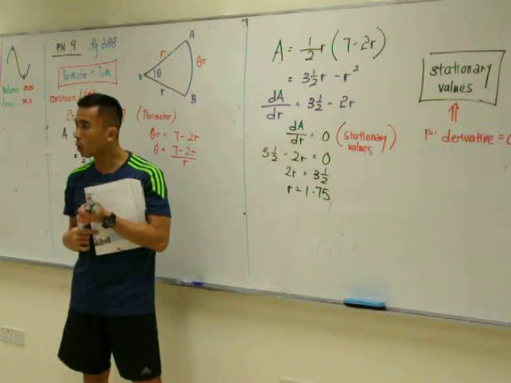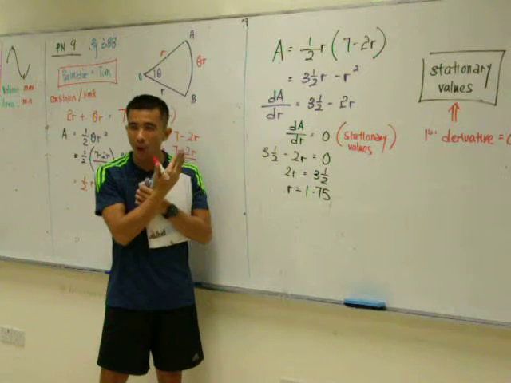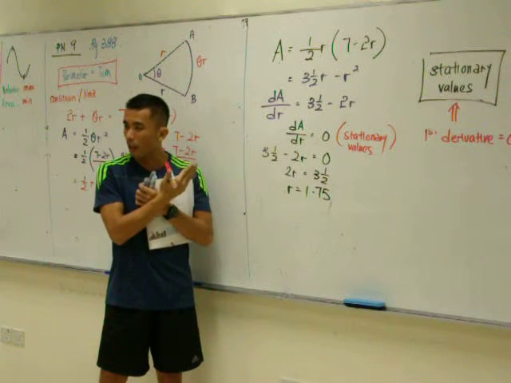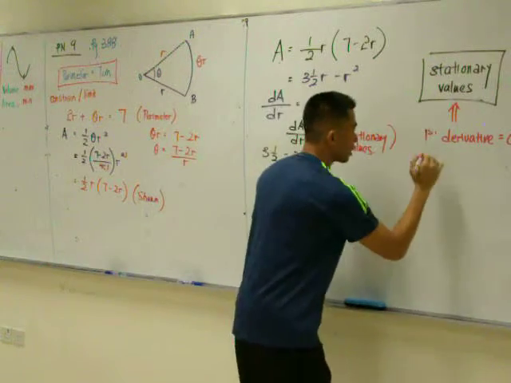And I'm telling you, make a good guess. Do you think you want to use the box method or the second derivative? Because it's very easy to differentiate. Okay?